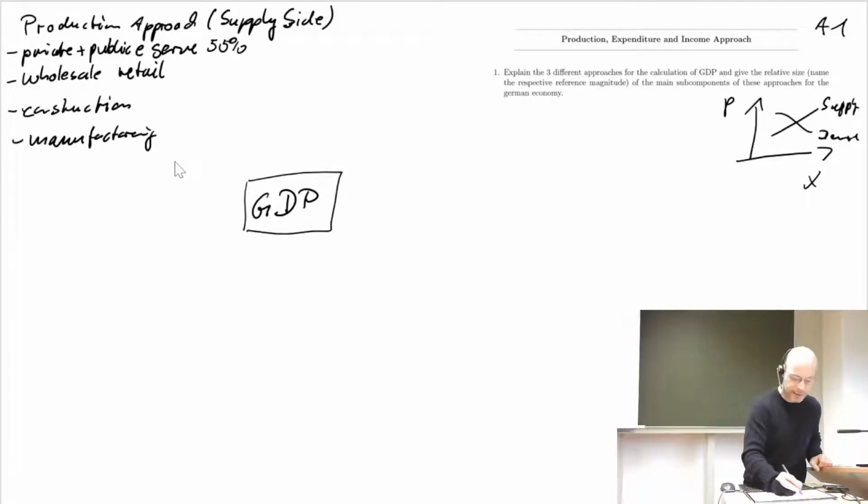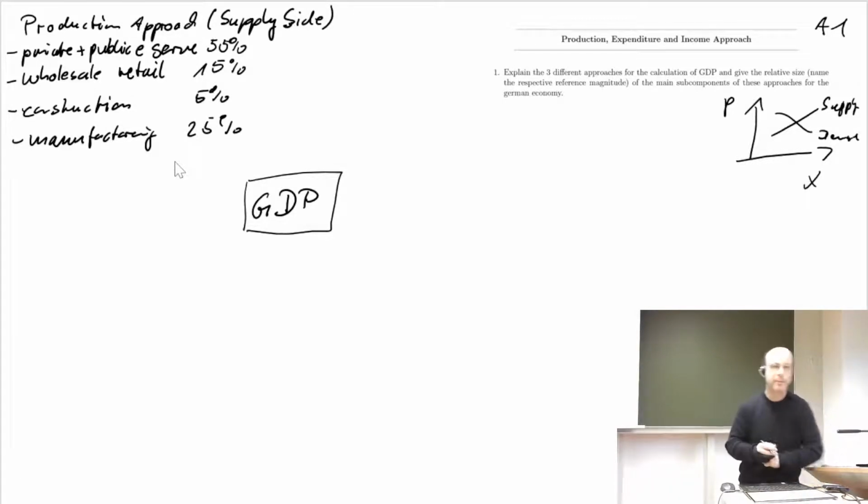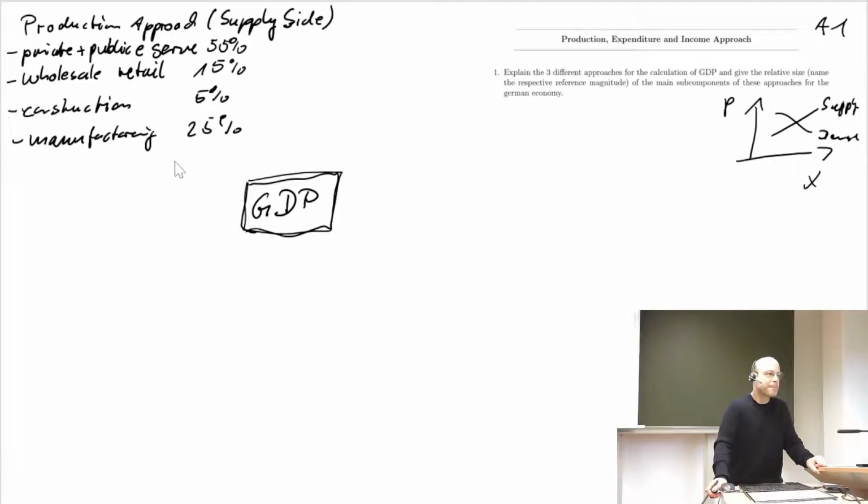So let's take then here 15% and 5%. And with respect to which number do we calculate these proportions, because it's not relative to GDP, but this hopefully you have also written down, or I have shown you.